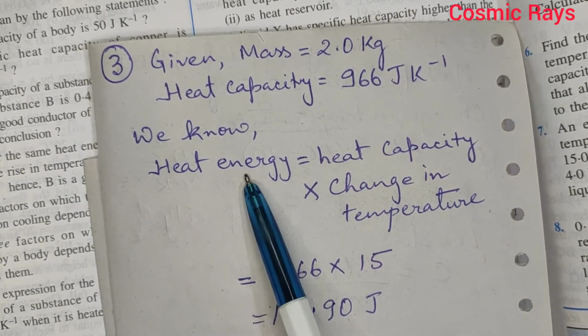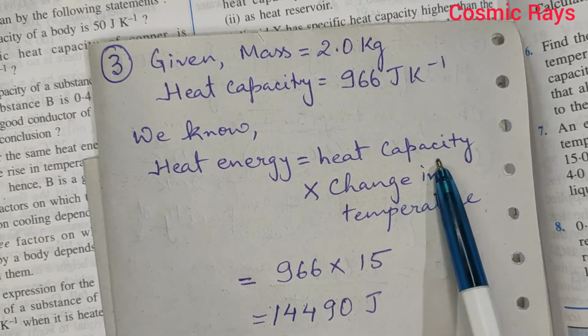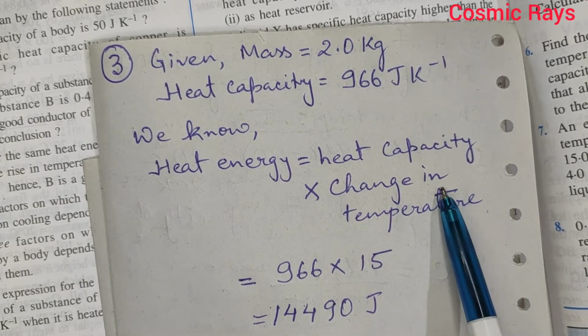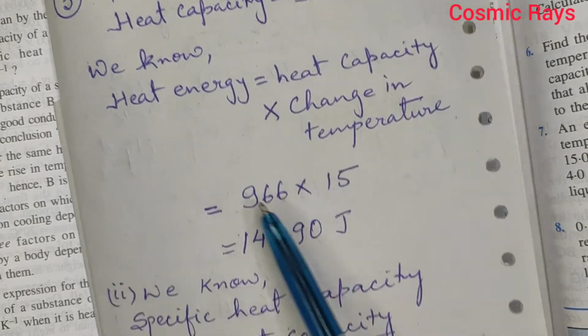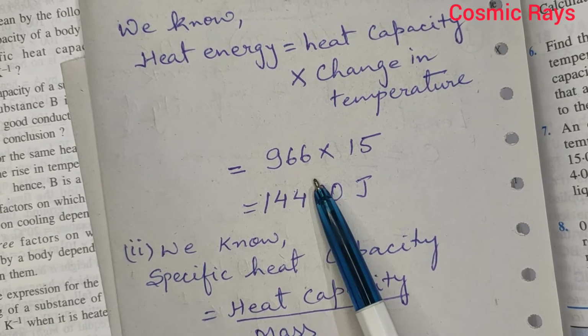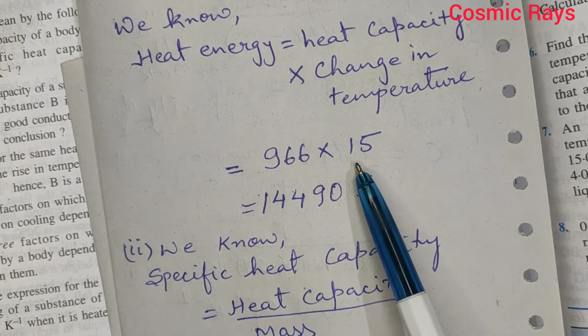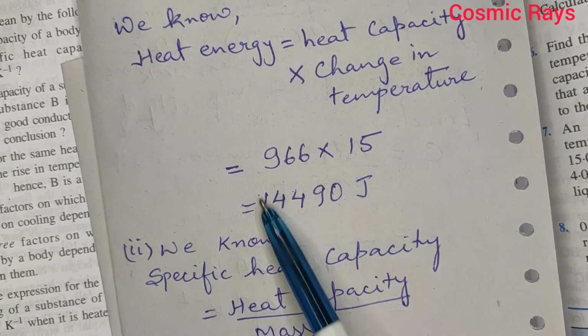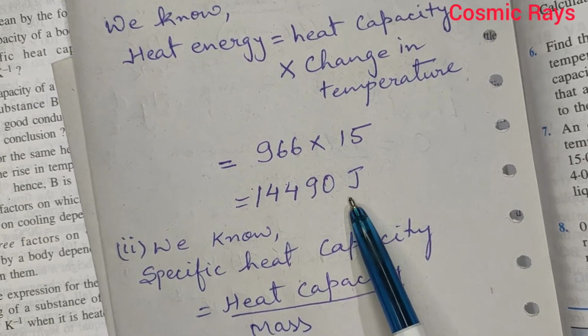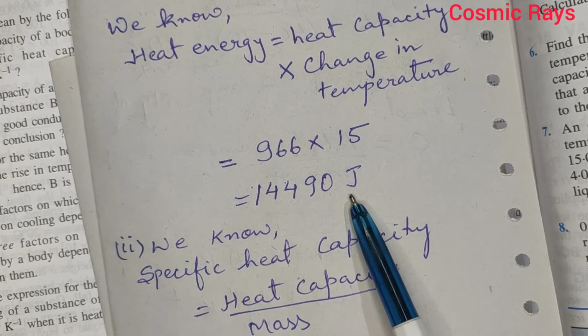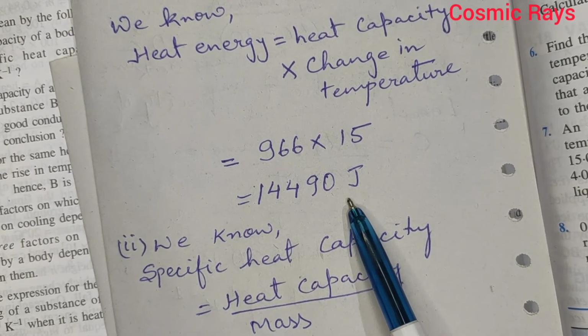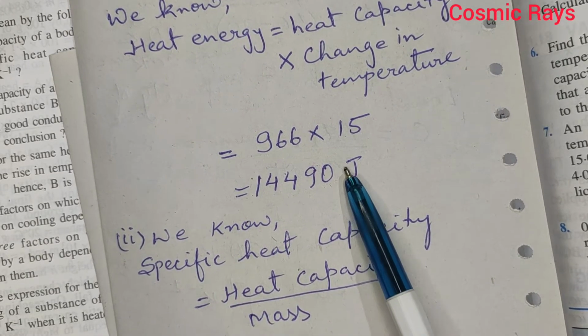So heat energy is equal to heat capacity multiplied by change in temperature. So heat capacity is 966 multiplied by change in temperature, we have to raise it by 15 degrees Celsius. When you multiply, you get the answer for the first part. The second part of the question says we have to calculate the specific heat capacity in its SI unit.